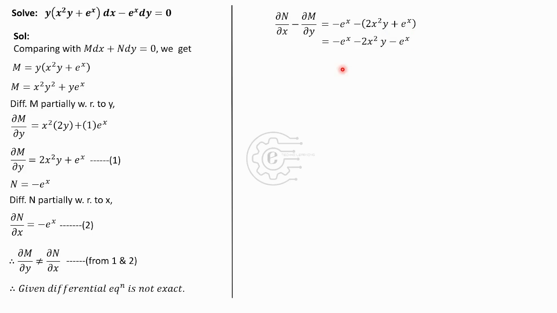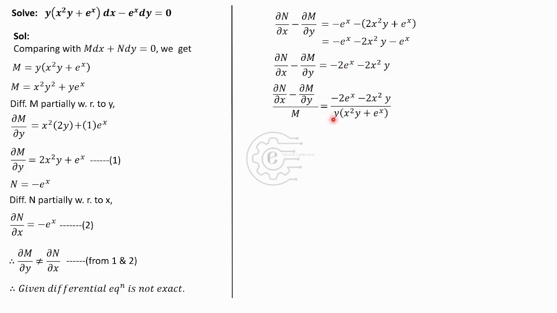तो हमें यहाँ पे मिलेगा −2e^x − 2x² y, this whole divided by M, that means y (x² y + e^x). Now from numerator we can take −2 as common, तो यहाँ पे हमें मिलेगा −2 (x² y + e^x).